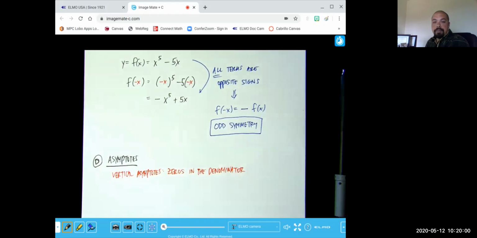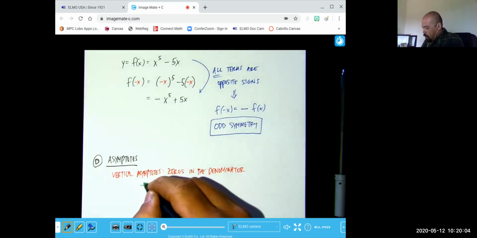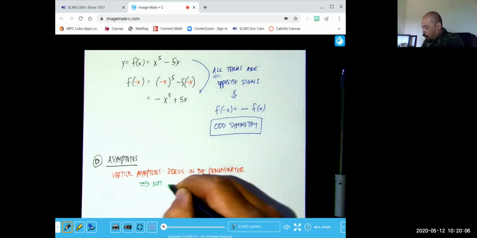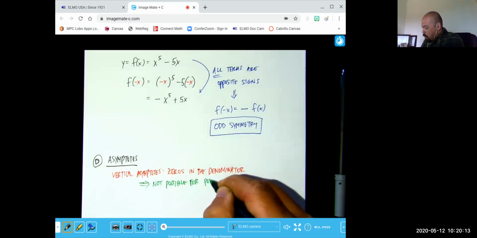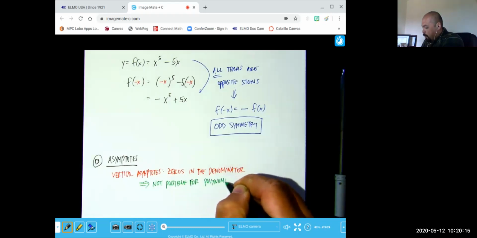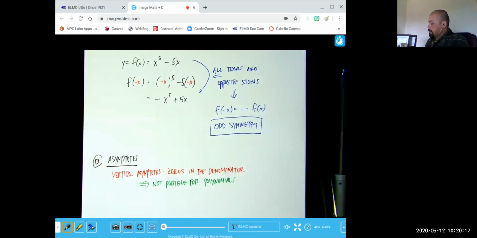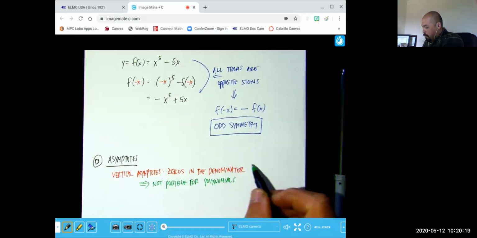But of course, with our polynomials, that's not possible. So in this case, there are no vertical asymptotes.